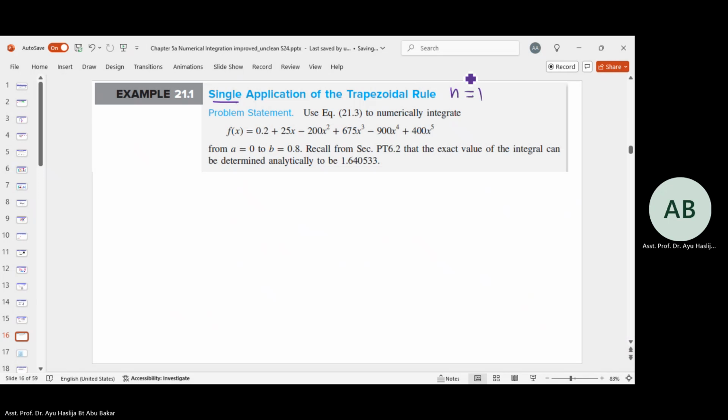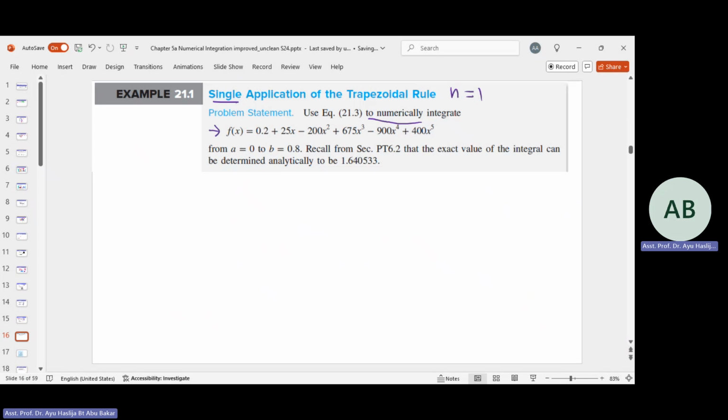It asks you to use the equation to numerically integrate. Numerically integrate means you need to use the trapezoid rule, not the normal integration. This is the given function.